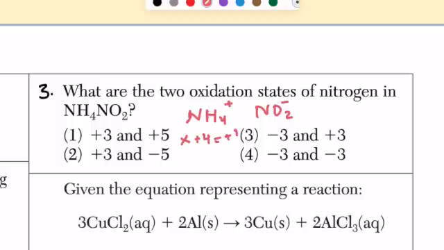So when you're solving for X, this is 1 minus 4, that is -3. And then for the second one, this is X minus 4, because each oxygen is -2, and that should be equal to -1. So -1 plus 4, that's +3. So your answer is -3 and +3.